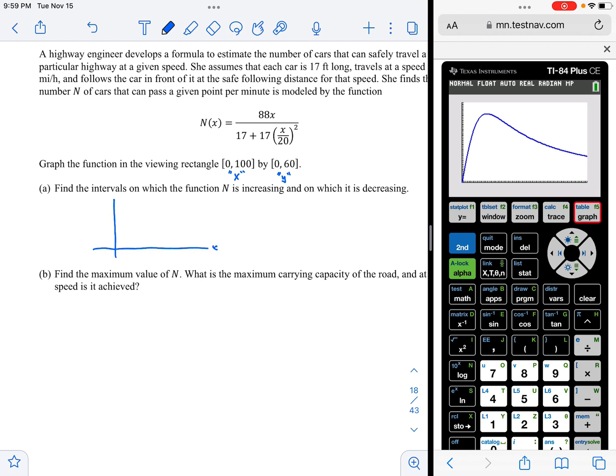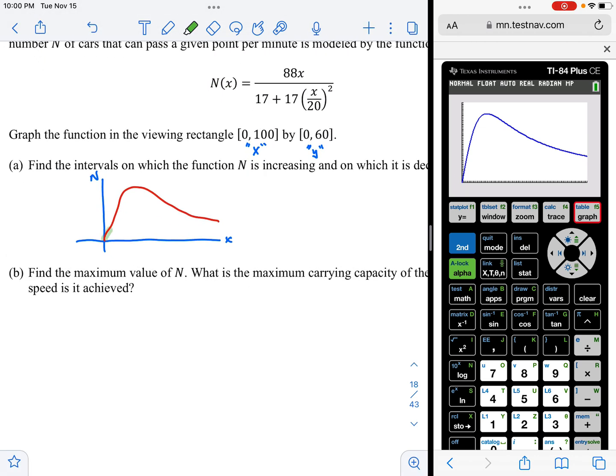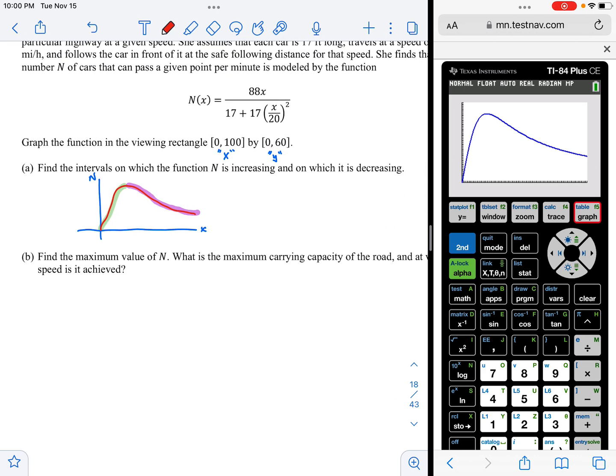So I'm just going to do a quick sketch of this. We want to know on what intervals N is increasing and on which it is decreasing. We discussed this in the last section, but N is going to be increasing here and then decreasing here. So we're going to need to figure out that maximum value in order to determine that.